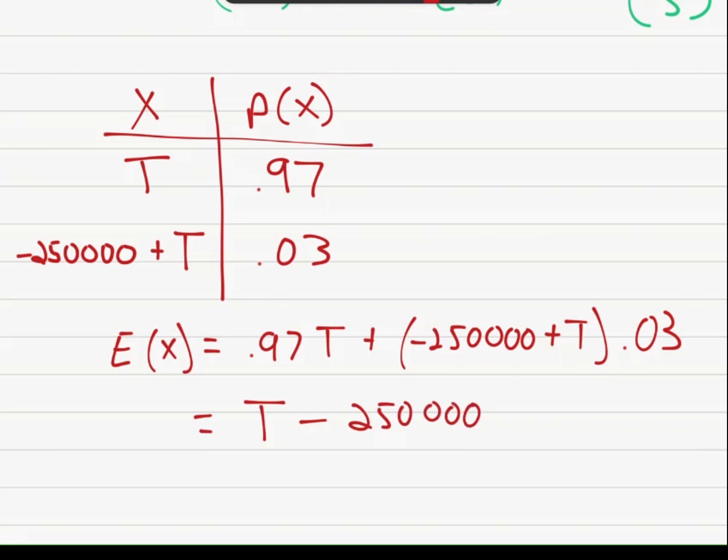Right, so the 1T is coming from the 0.97T plus the 0.03T. Then I have the minus 250,000 times 0.03, which is $7,500.